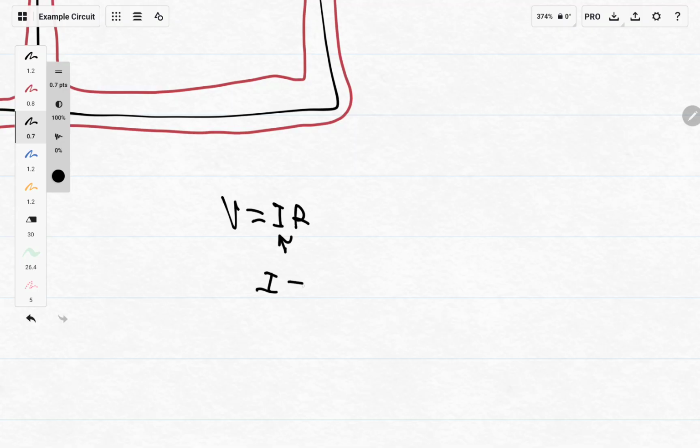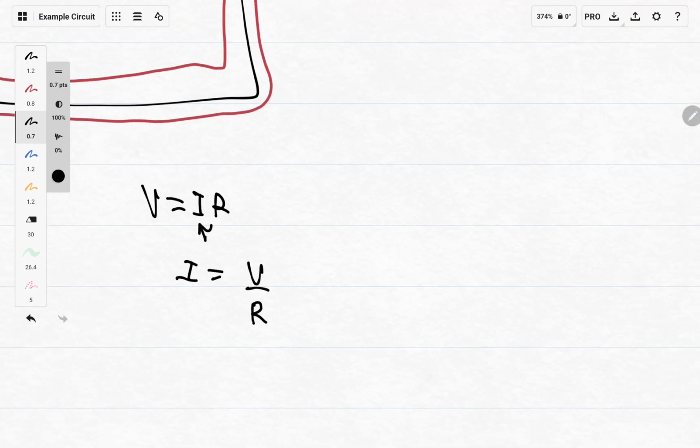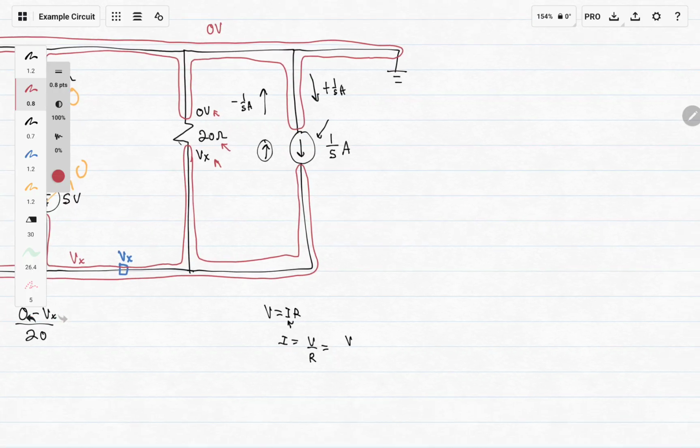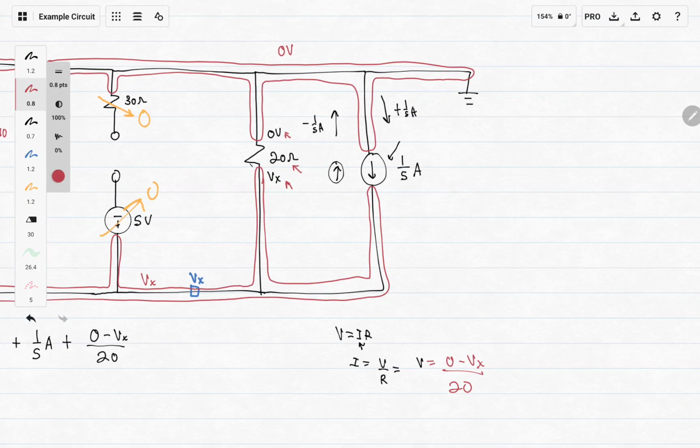So to find I, it'd be V over R. And what we're doing is finding the difference between this voltage and this voltage and putting it all over the resistor. So the V here would be 0 minus Vx, and the resistor would be 20.